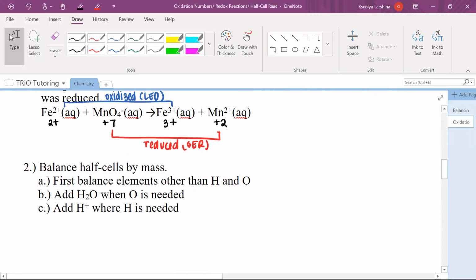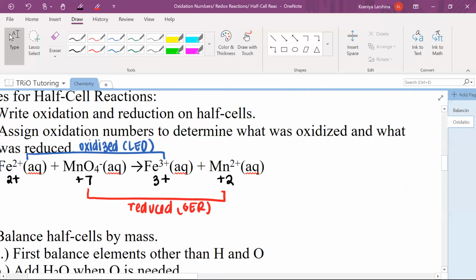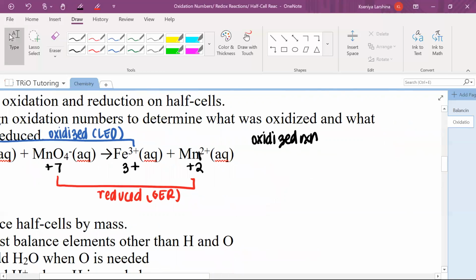So next you'd want to separate your reaction into half cells, meaning you would separate your oxidized into their own reaction and your reduced into their own reaction. So this would be your oxidized reaction and reduced reaction.